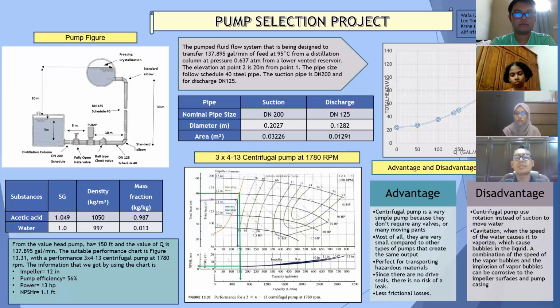Next, they are very small compared to other types of pumps that create the same outputs. It means that it is very compact, and it helps to save more space than using other pumps. Next, we choose the centrifugal pump because it is perfect for transporting hazardous materials.